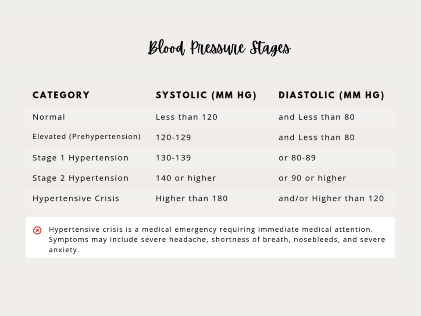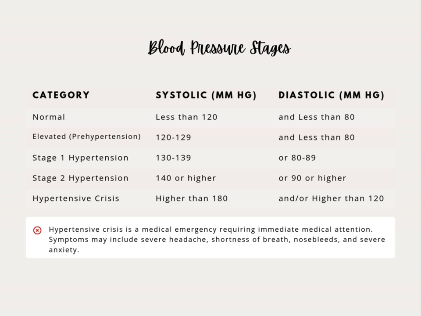Normal for adults would be less than 120/80. I want to be very specific here because for the longest time, everyone said 120/80 was considered normal. That is not correct. 120/80 is now considered pre-hypertension. So in order for it to be normal, your systolic pressure has to be less than 120 and your diastolic pressure has to be less than 80.